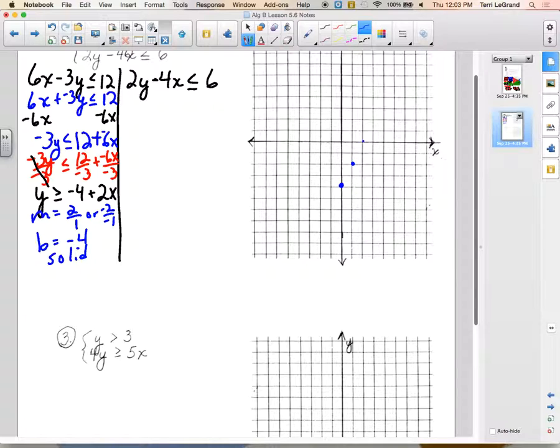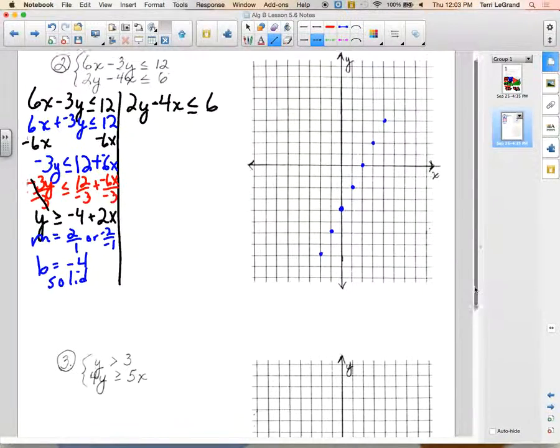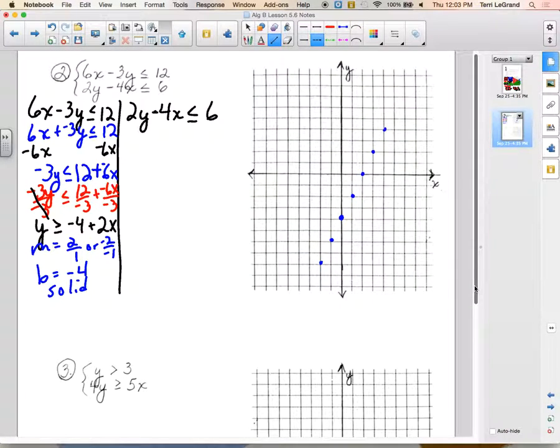Make lots of points so you get a good boundary line. Oops, mine is dashed.